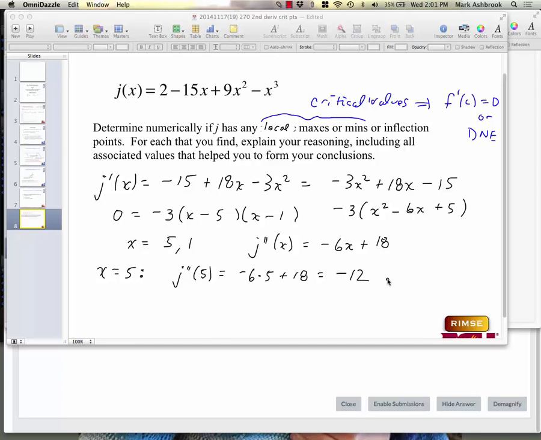What does it tell us? The second derivative is negative, so what about the accumulation? J is what at x equals 5 if the second derivative is negative? Concave down. The rate of change is decreasing, so it's concave down. So we have first derivative 0 at 5 and concave down. Therefore, at x equals 5, local maximum.